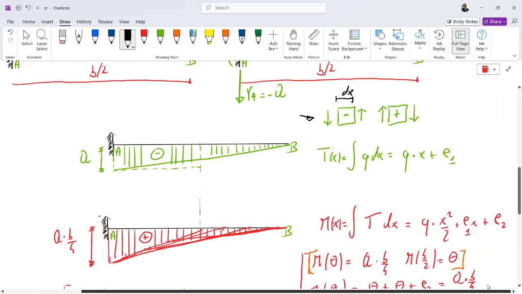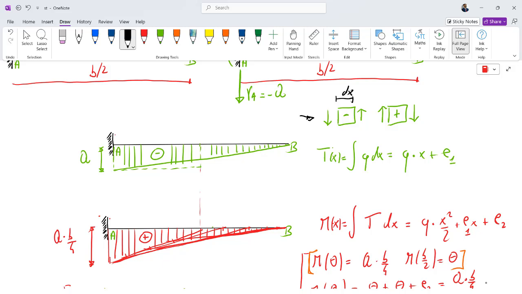So we can write T, the distribution of the shear force, as a function of x, equal to the integral of q times the integration variable, that is x. This is equal to q times x, because q is uniform, constant along all the wing, or the beam in this case.